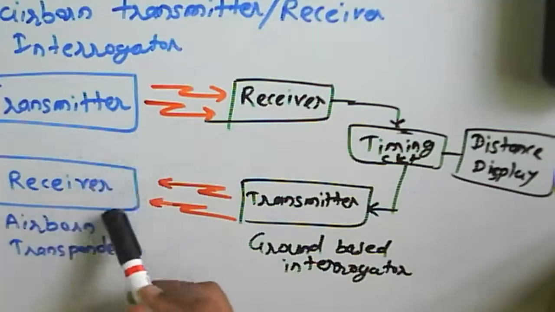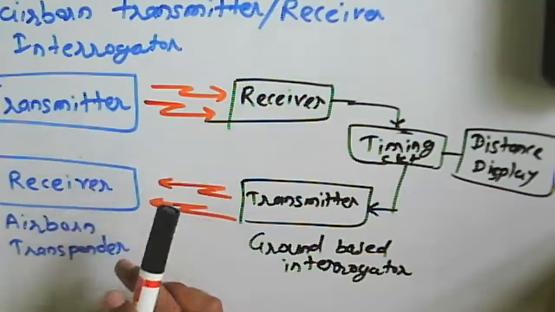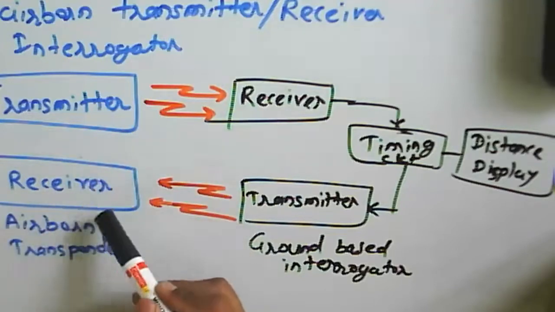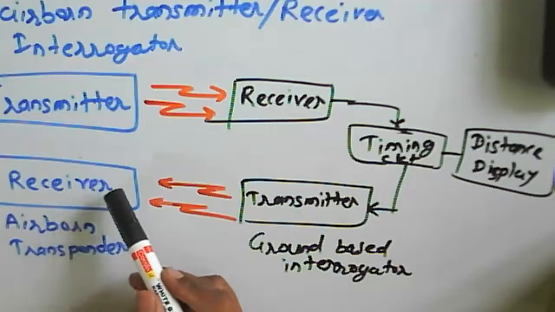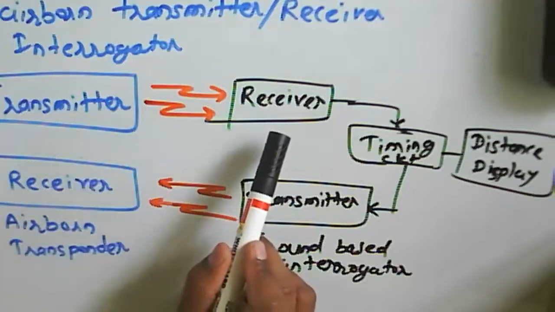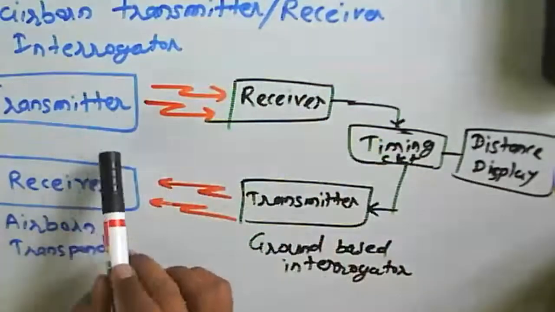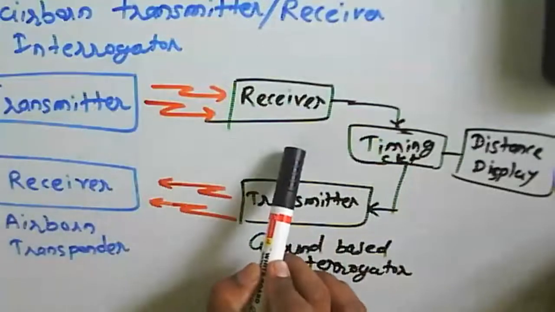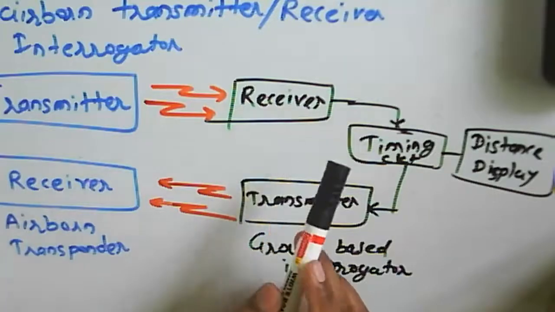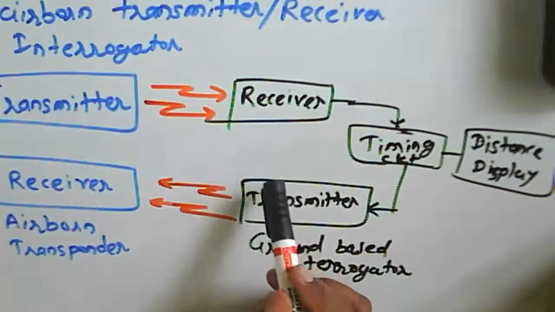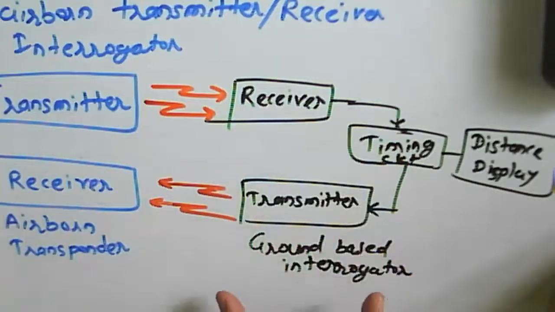Okay, so in the aircraft we have a transponder. So then it receives the signal. The aircraft will receive the signal and then transmit back to the ground beacon again. So aircraft again transmits the signal to the receiver, and then the time taken by the transmission and reception will be measured at a ground based system, that is called the DME.